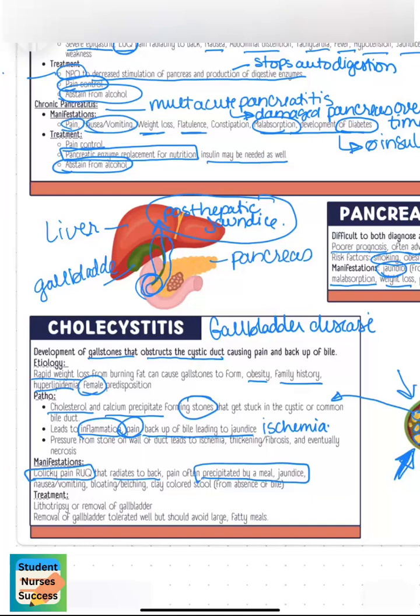And that's because at the meal, they will squirt out extra bile in order to digest and break down the fats. We also see the development of jaundice. We've talked about that a few times already, why that occurs. From the malabsorption and not using enough bile to break down their food, we see bloating and even clay-colored stool.